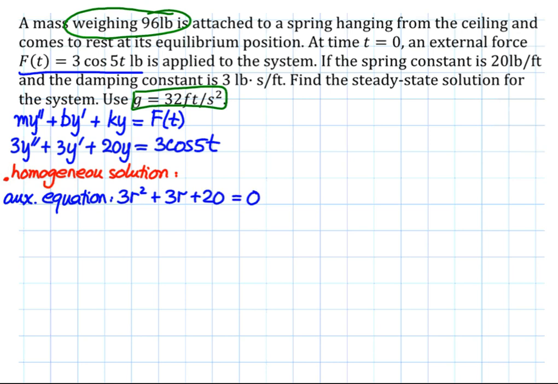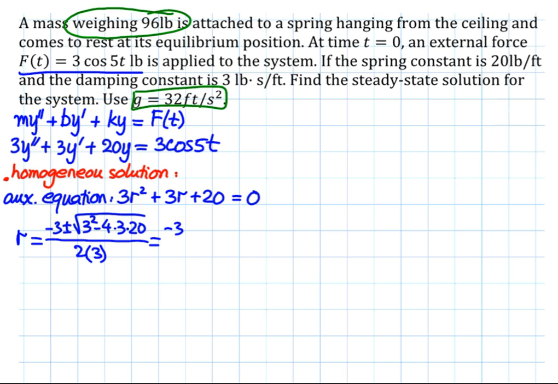And we solve for r using the quadratic formula: negative 3 plus or minus the square root of 3 squared minus 4 times 3 times 20, over 2 times 3.